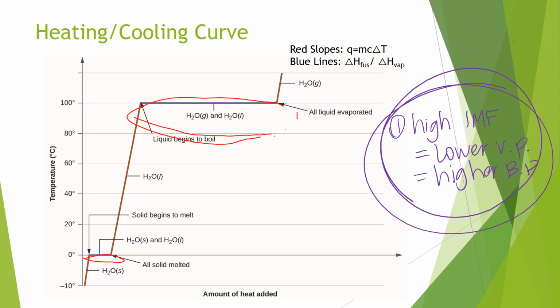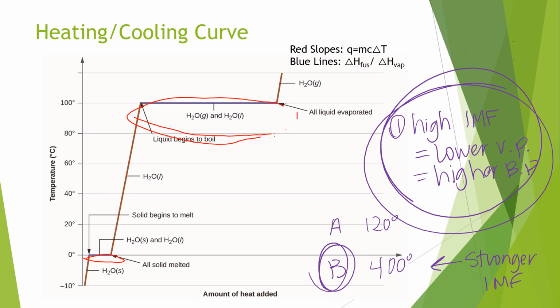So if you were given a question where you were asked to compare the intermolecular forces for, let's say, compound A and compound B, and you were told that the boiling point for compound A was 120 degrees, but for B it was 400 degrees, then you would say that B has stronger intermolecular forces. And it may ask you to identify what the intermolecular forces are.